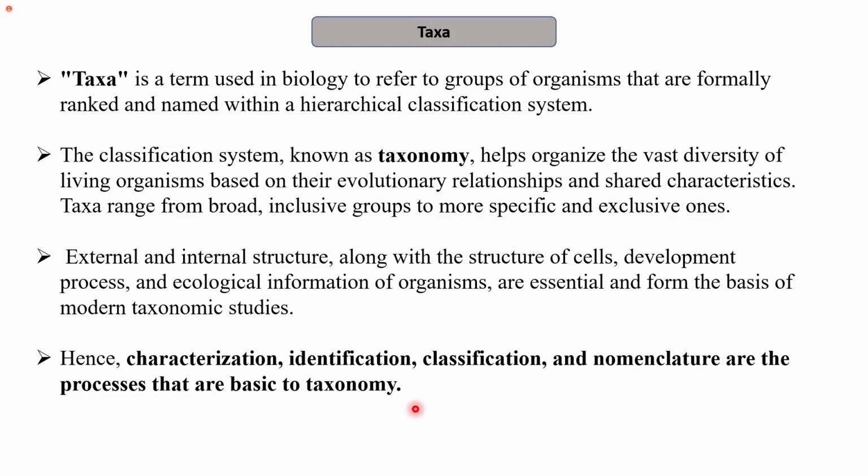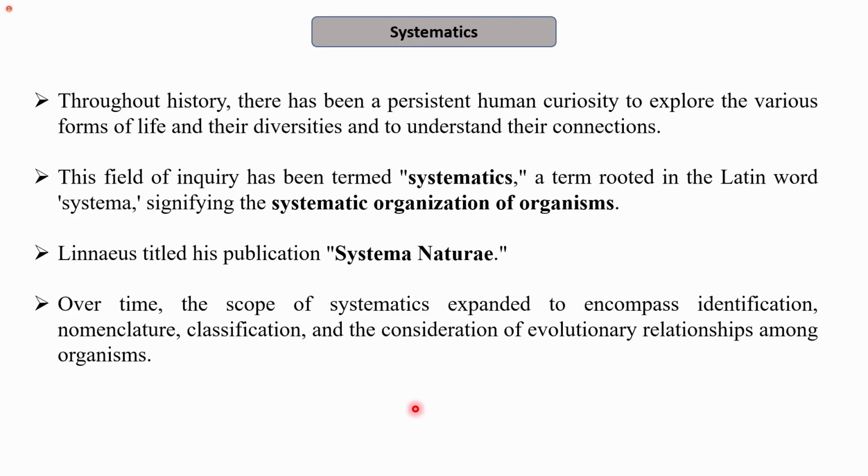So taxonomy includes four different processes: characterization, identification, classification, and then naming of the organism, which is the nomenclature. Now there is another term which is used, which is systematics.